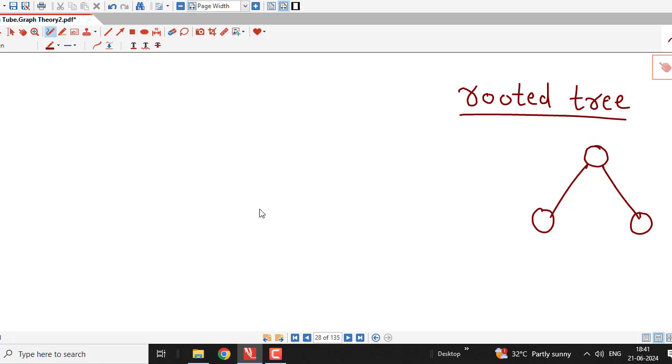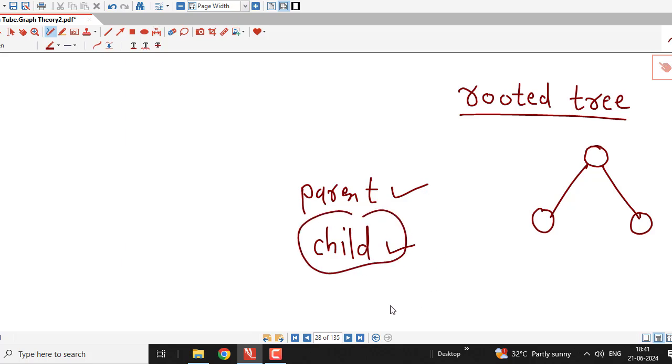And in a rooted tree, we have seen the definition of parent and child. If two vertices are adjacent, then one vertex is a parent and the other is a child, and the vertex which is closer to the root is called the parent.